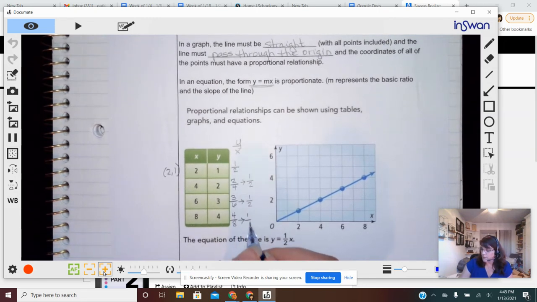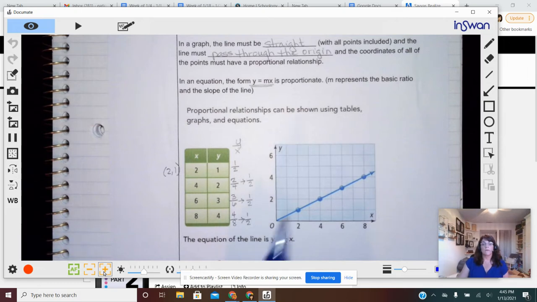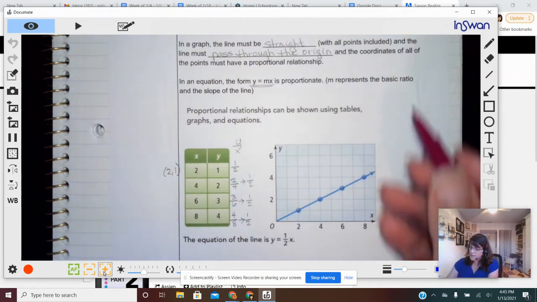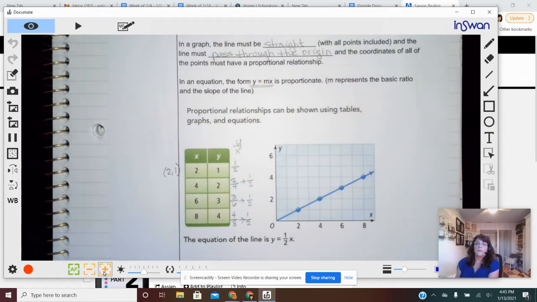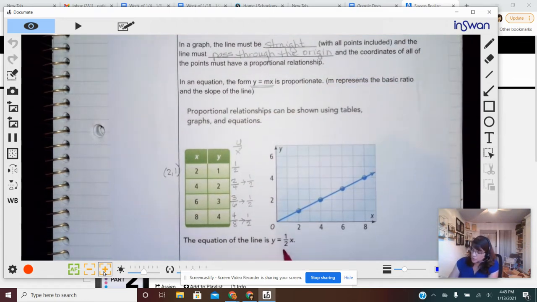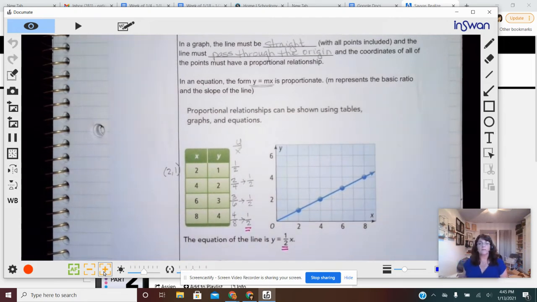Simplifying. Okay. And notice, remember I said that this spot right here, M, is the basic ratio or the slope of the line? Look at that. It matches the equation.